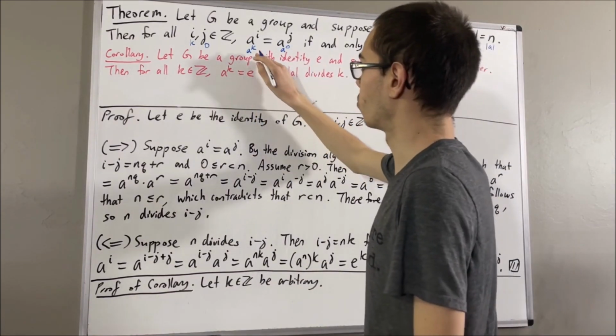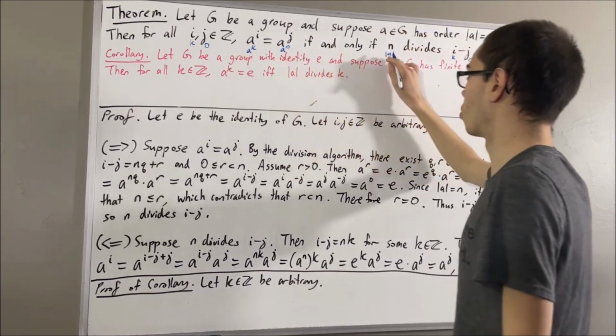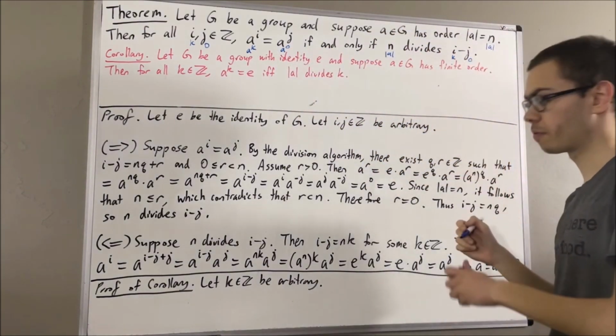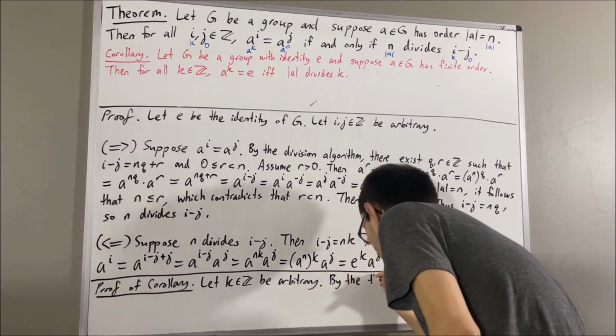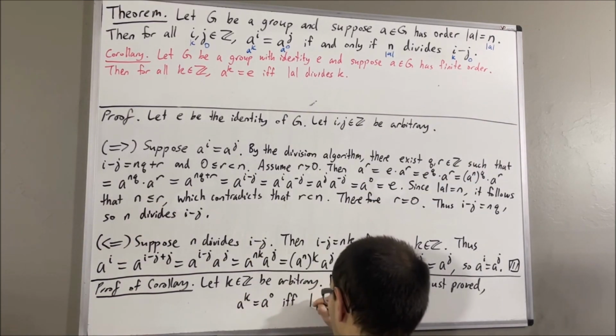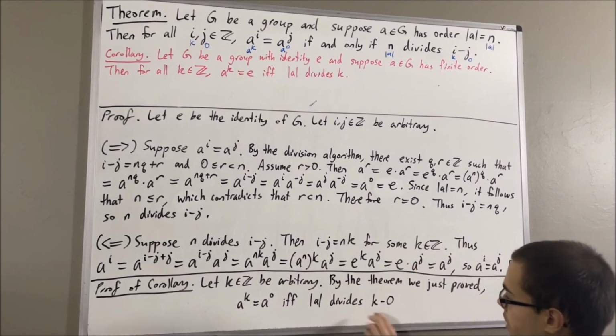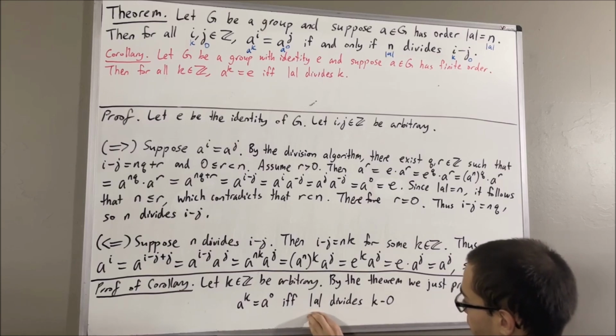Well, then in that case, we have a to the power of k is equal to a to the power of 0 if and only if the order of a divides k minus 0. But since k minus 0 is equal to k, this statement is equivalent to saying order of a divides k.